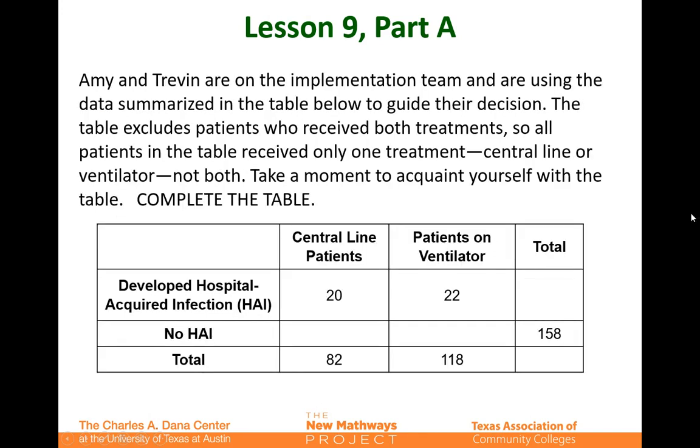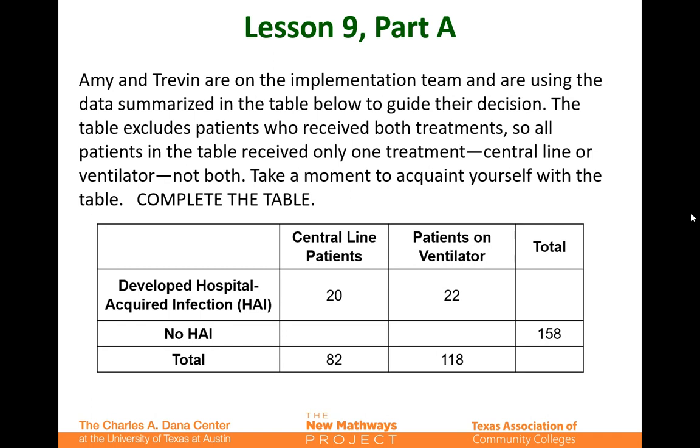It says Amy and Trevor are on the implementation team and are using the data summarized in the table below to guide their decision. The table excludes patients who received both treatments. So all patients in the table received only one treatment, central line or ventilator, not both. Take a moment to acquaint yourself with the table and then complete the table.